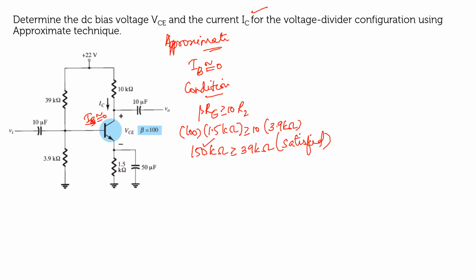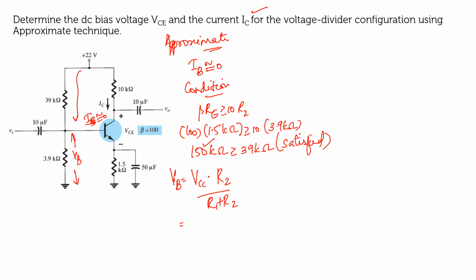Okay, so in the case of approximate analysis, since IB is very negligible, now if we have to find out the value for VB, if I take this voltage as VB, you can apply the voltage division rule, right? So VB will be equal to the supply voltage VCC into R2 divided by R1 plus R2.